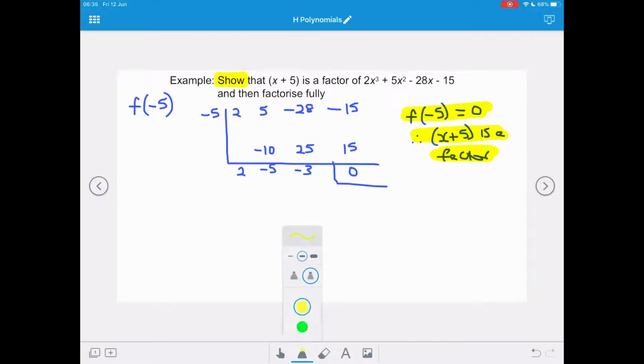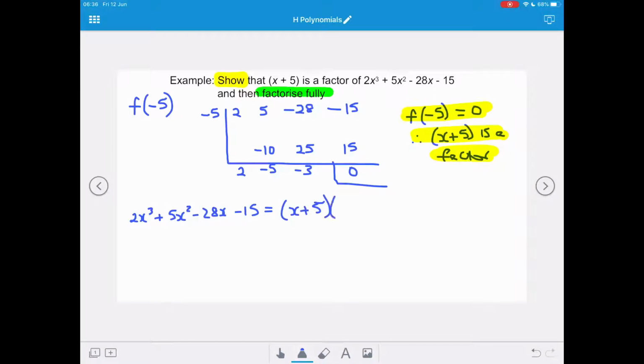Now, it asks us to factorize fully, so we need to rewrite our polynomial as 2x cubed plus 5x squared minus 28x minus 15 equals our factor, which was x plus 5, our quotient, which is 2x squared minus 5x minus 3, and we don't have a remainder because this is being factorized fully.